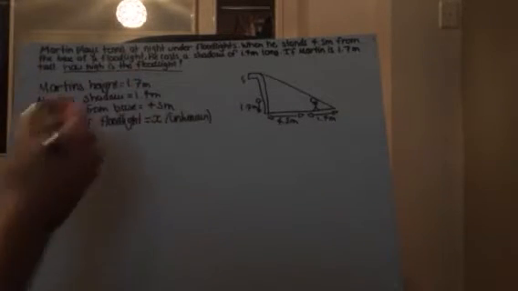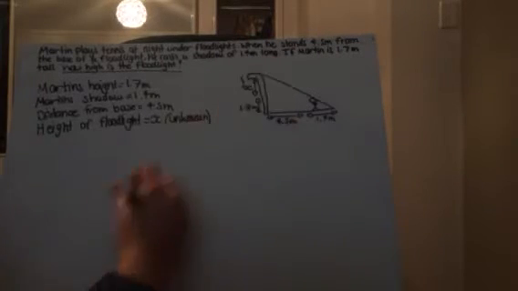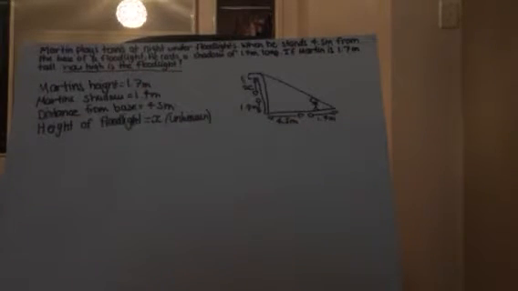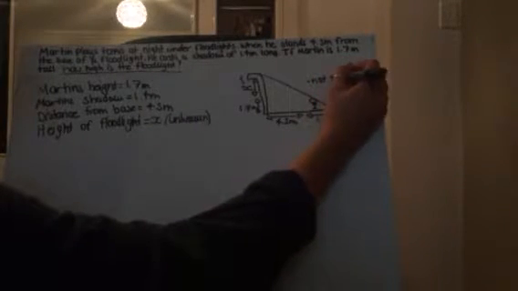So what we are trying to figure out here is how high the floodlight is, which is x. So once we've drawn that, it kind of makes it easier for us now to do the question. And we also have to remember that this is not to scale.